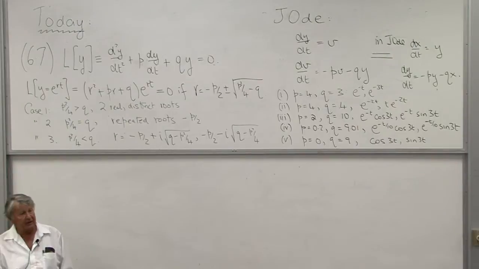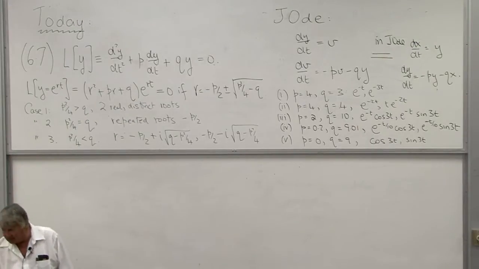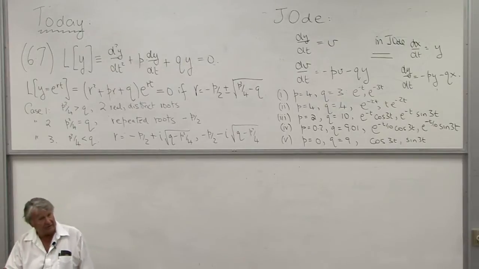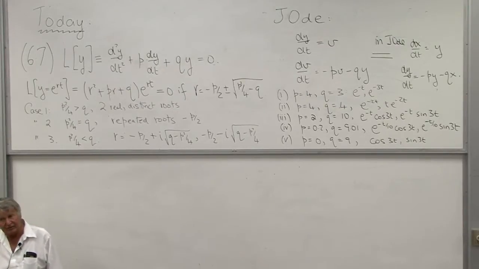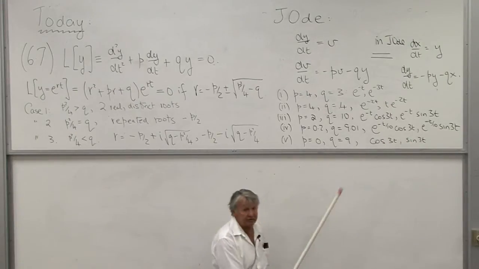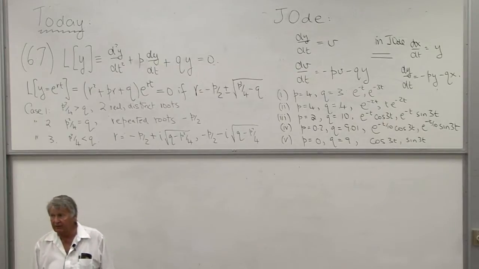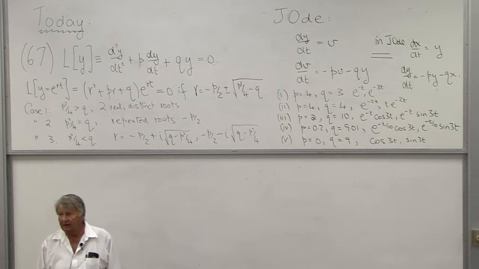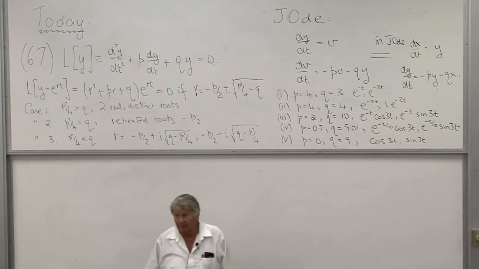Taking the combinations e to the 3it plus e to the minus 3it divided by 2, that's cos 3t, and e to the 3it minus e to the minus 3it over 2i, that's sine 3t. So these are real solutions. Their Wronskian is non-zero at all t, and so we can satisfy any initial conditions.